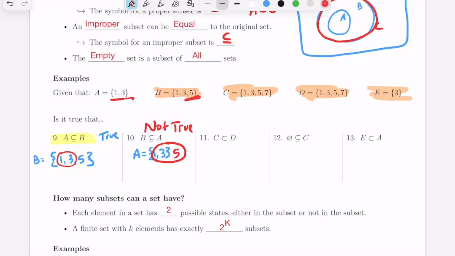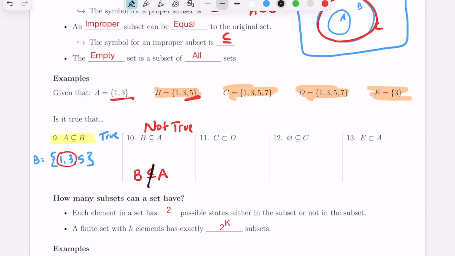In fact, we would probably write this in a slightly different way. Like the question says, is it true? No, it's not. A mathematical way of writing this would actually be to just put a slash through it. Say B is not a subset of A.